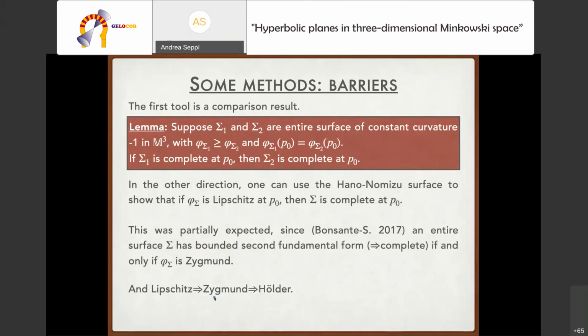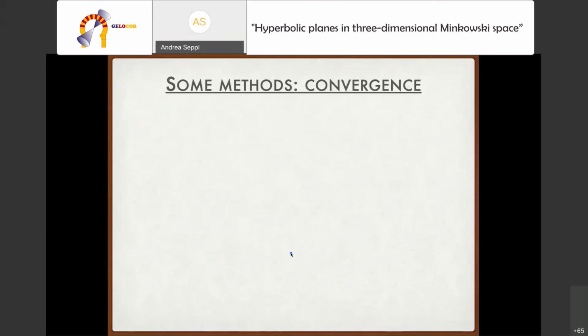So it's not a proof, but it's somehow to say that Lipschitz null support function implies completeness of the surface is not so surprising. But our result is better. Our result says that if you're just sublinear on a sequence, then the corresponding surface is complete.